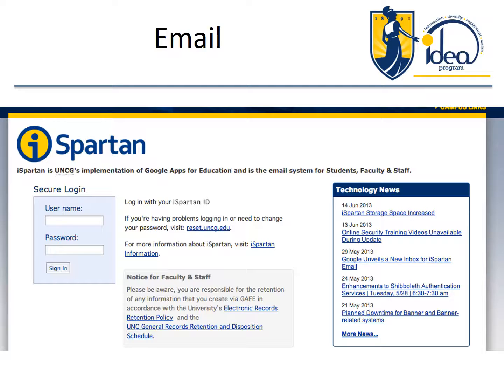So please stay aware of your UNCG email and use it to contact your faculty members whenever you have a question or a problem.